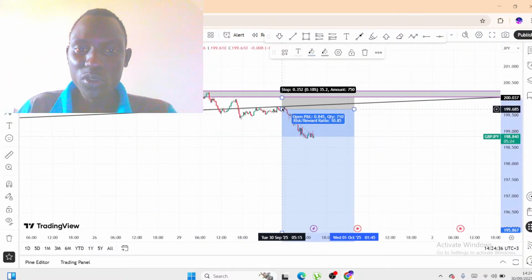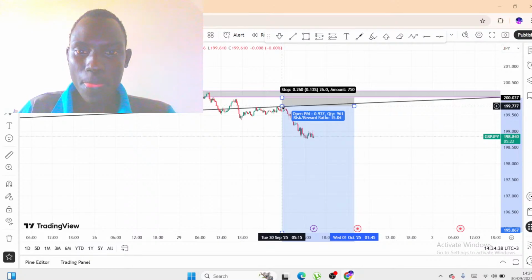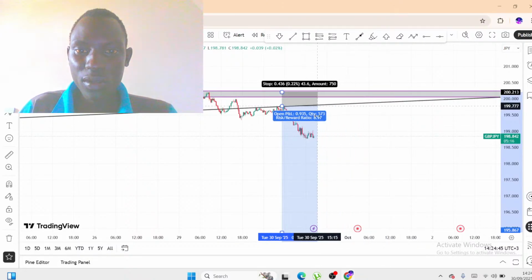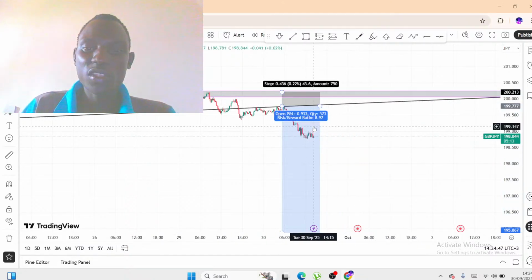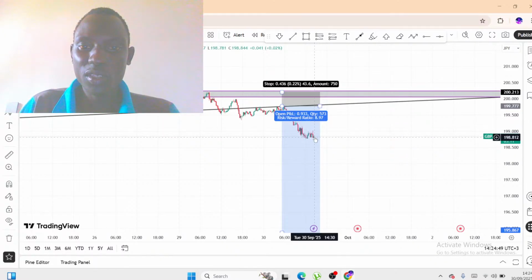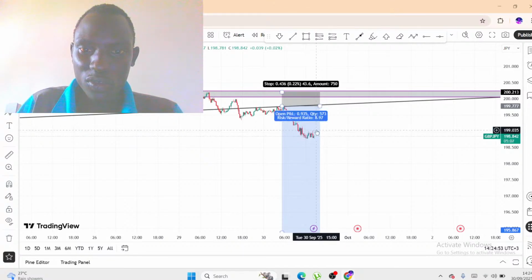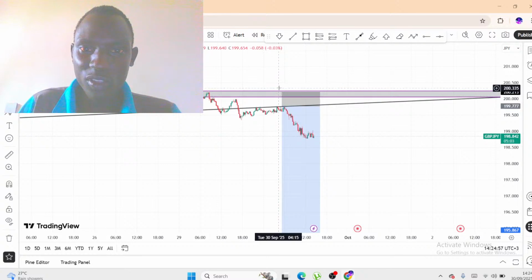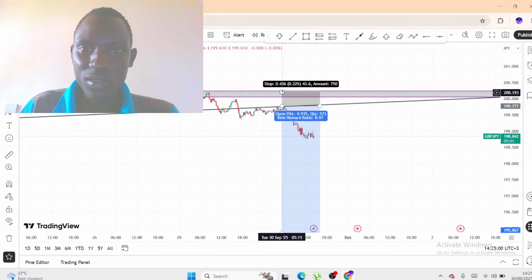Let's say you had put your stop loss above, then targeting this high. Have you seen how many pips that could have been? Your reward was going to be 8 to 9, while the stop loss was going to be this. Stop loss is here. Target or the reward here.